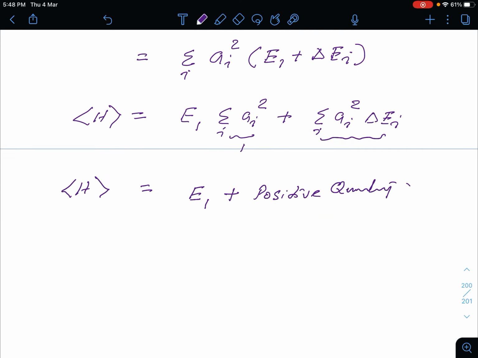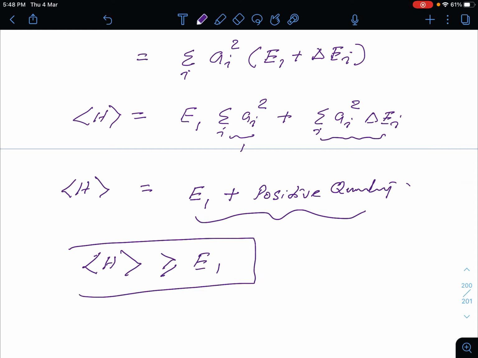So that simply means the expectation value of H is obviously greater than or equal to E1. Clear?